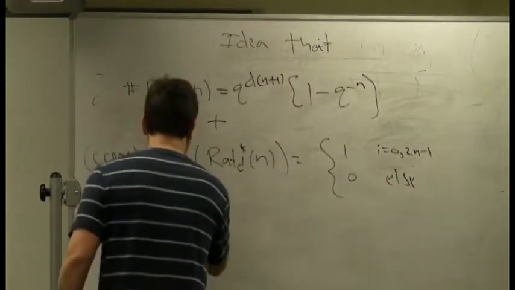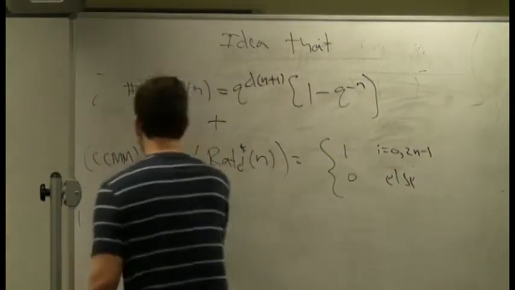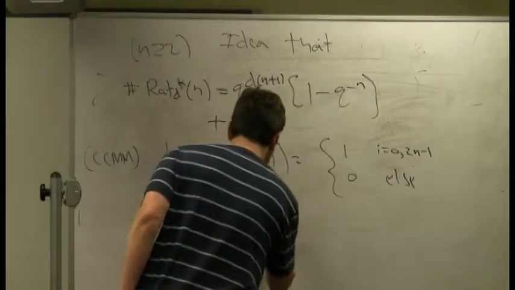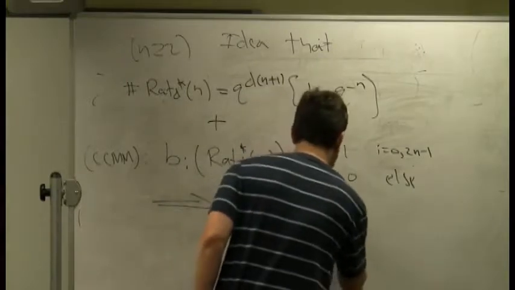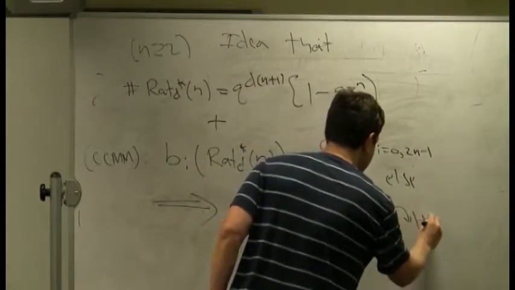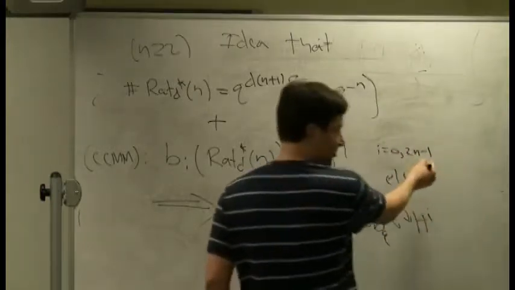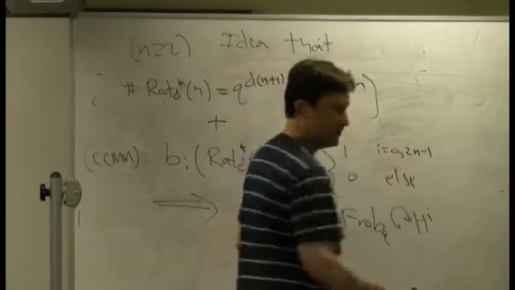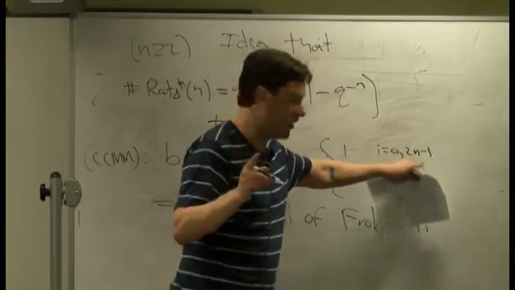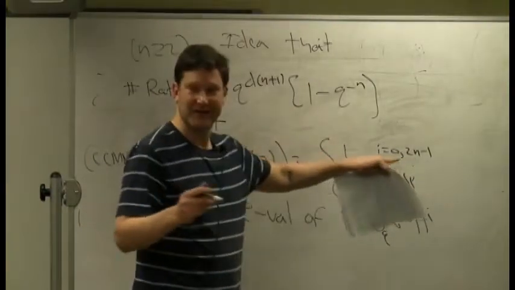This plus this, I want to say, implies, and let me just do n greater than or equal to 2, that the eigenvalue of Frobenius acting on the ith degree cohomology, there's only 2 non-zero degrees, and in degree 0 you always act by 1, so I'm really just telling you what is the eigenvalue on this one-dimensional space.